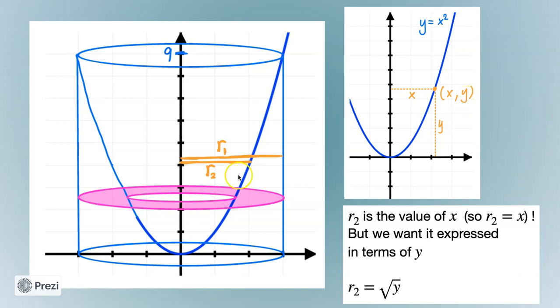And R2, the value of the radius for the inner disk, the disk that's going to define the hole, it's actually the value of x. But we can't use x because we are integrating in terms of y. R2 is the value of x, so R2 equals x, but we want it expressed in terms of y. So we need to solve y equals x squared and say x equals square root of y. So R2 is equal to the square root of y.